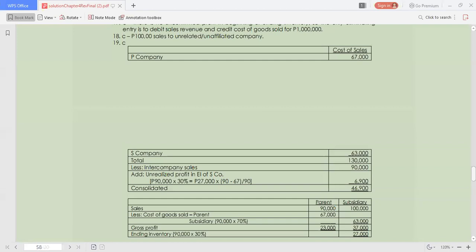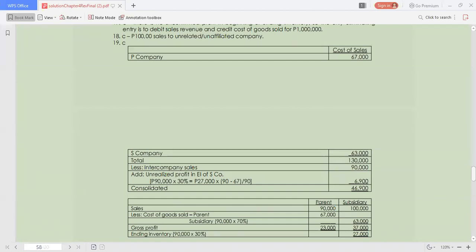We are adding the initial amounts of cost of goods sold, and 130,000 we are deducting the intercompany sales from Scrooge to Pilfer, so 90,000. That leaves us 40,000, and we add the unrealized profit in the inventory of the parent.